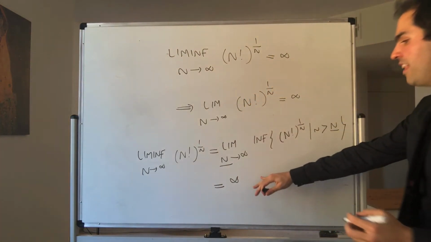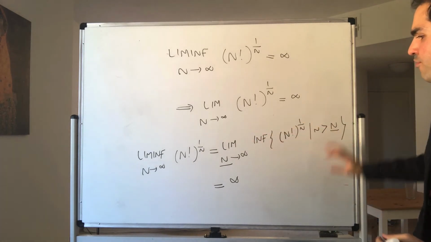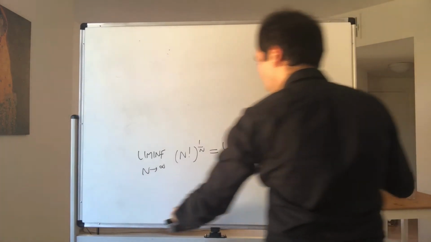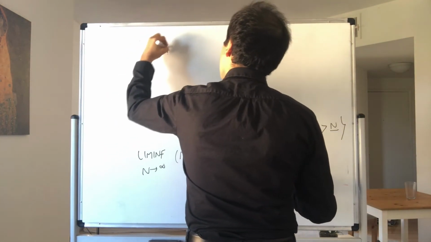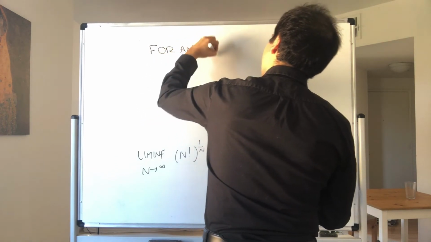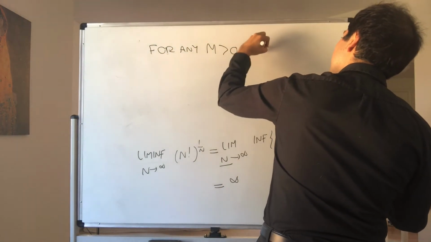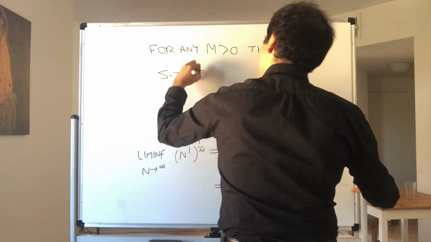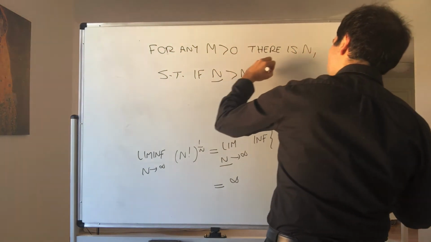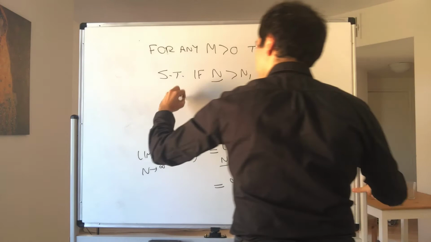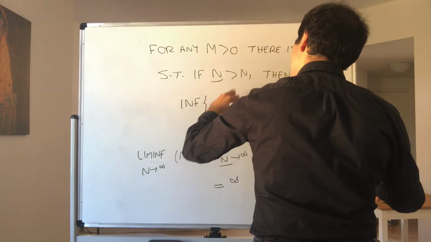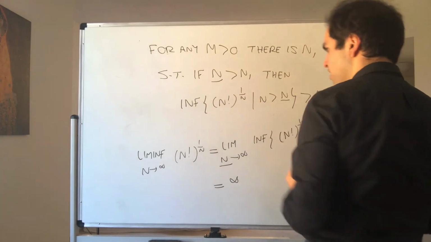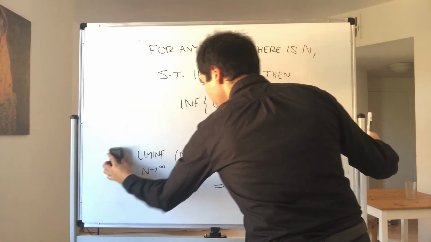So this means that for any capital M, this infimum is eventually bigger than capital M. So for any capital M positive, there is N_1 such that if capital N is bigger than N_1, then the infimum here of n factorial to the 1 over n, where n is bigger than capital N, is bigger than M. But then what does that imply?